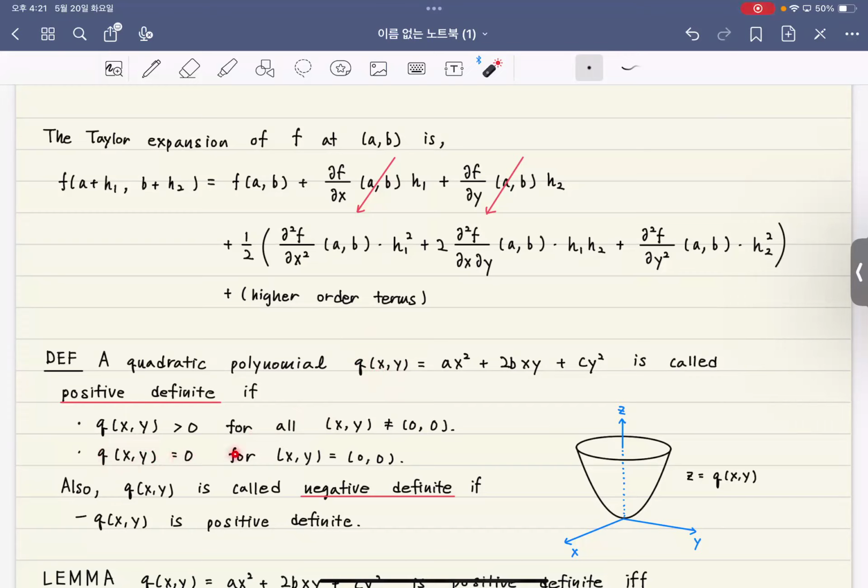That means if (x, y) is a non-trivial vector, then the function value of Q is always strictly positive. The function value of Q can attain 0 only when x and y equal 0. If this polynomial Q satisfies these two conditions, then we say this polynomial is positive definite.